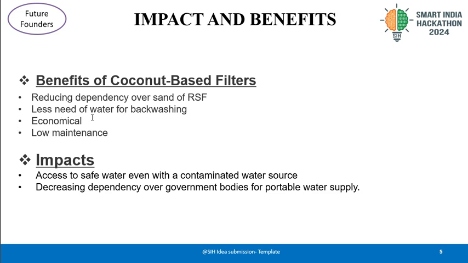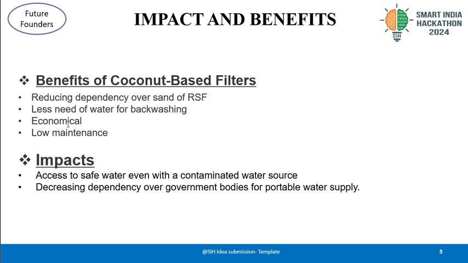Second one is less need of water for backwashing. As we have previously discussed, the amount of water required for backwashing in coconut based filters is less as compared to rapid sand filters. Hence, the water consumption also gets less.